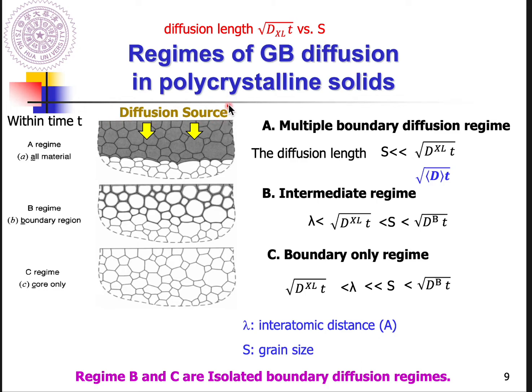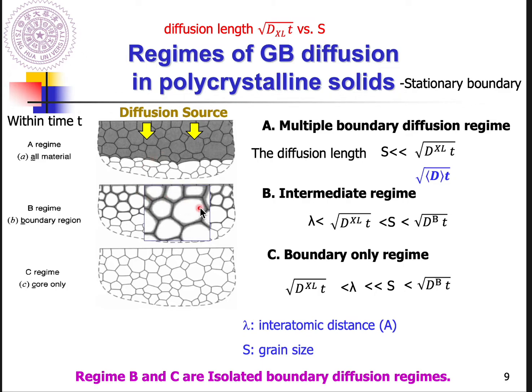The diffusion source is on the top of the material, and the diffusion direction is along these directions. You can observe the A regime, which some people call the all-material regime or multiple boundary diffusion regime. The diffusion happens all along the material.